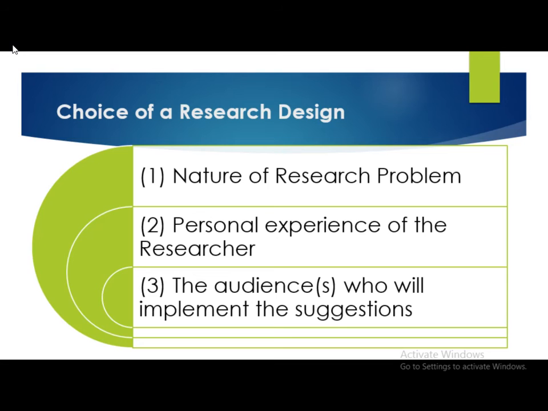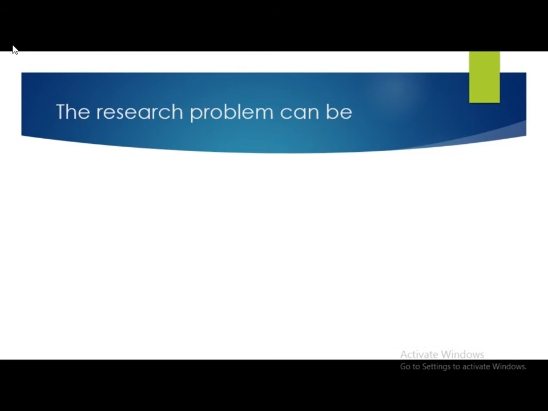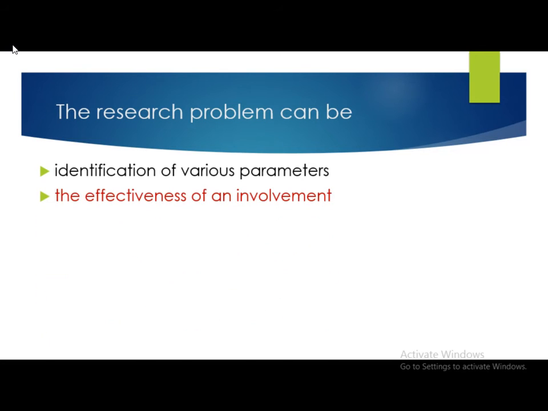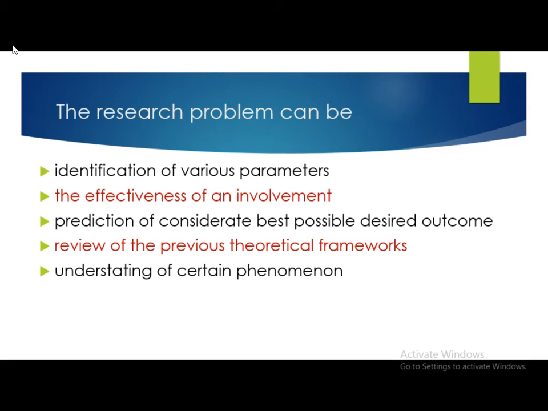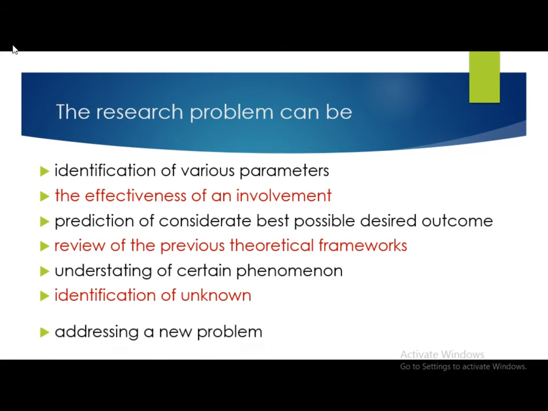Certain types of social research problems call for specific approaches. The research problem can be the identification of various parameters that influence desired outcome, the effectiveness of an intervention, prediction of best possible desired outcome, review of previous theoretical frameworks, the understanding of certain concepts or phenomena, the identification of unknown variables that affect the desired outcome, and addressing a new problem where existing studies and theories are not applicable.